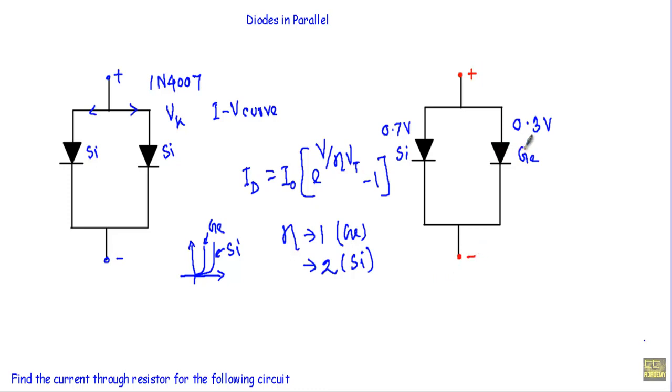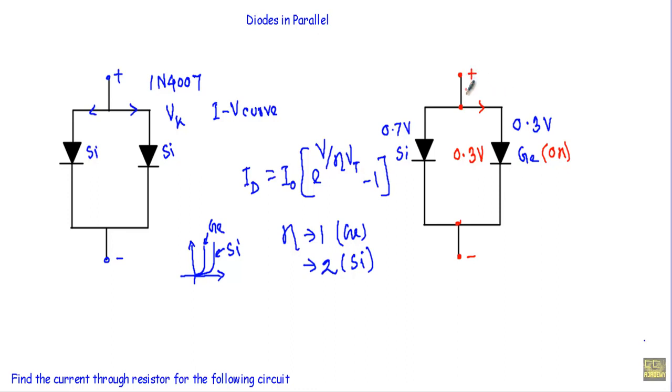negative. See, the built-in potential of the germanium is 0.3 volt and the built-in potential of silicon is 0.7 volt. Therefore, you will see the germanium diode will be in on state faster than the silicon diode. When this germanium diode is in on state, it will maintain a voltage difference of 0.3 volt from this terminal to this terminal.